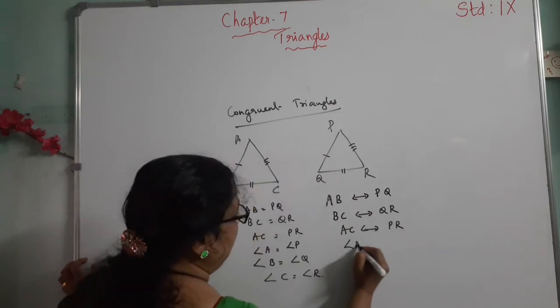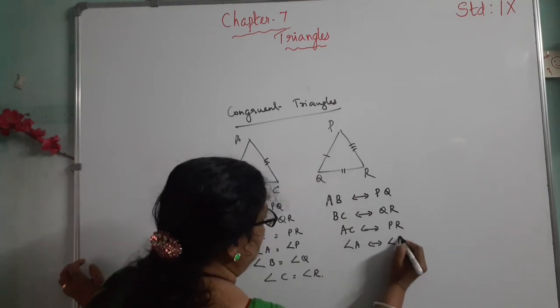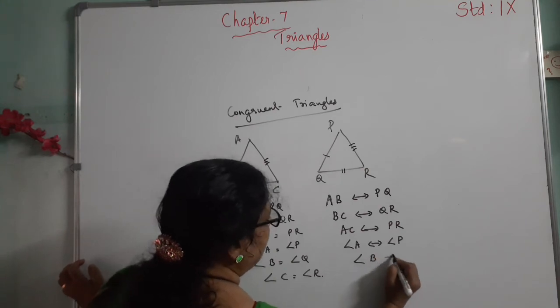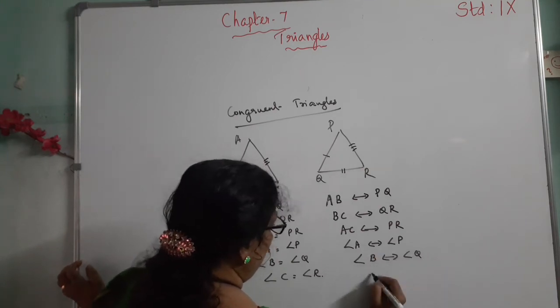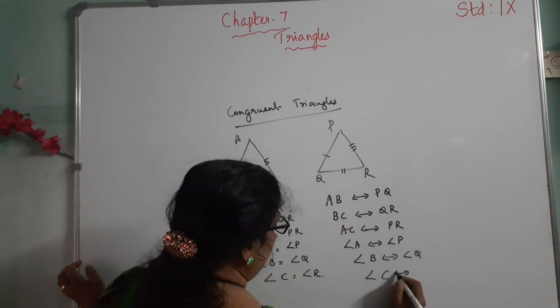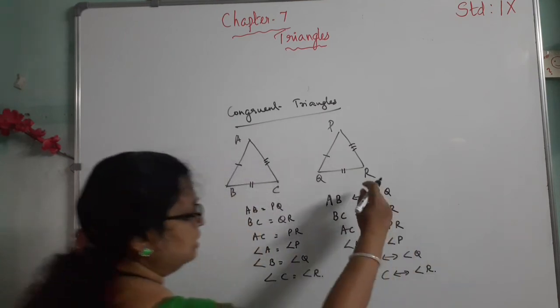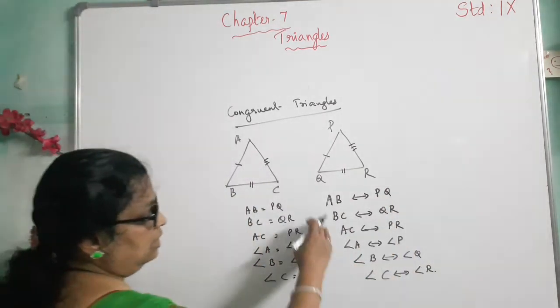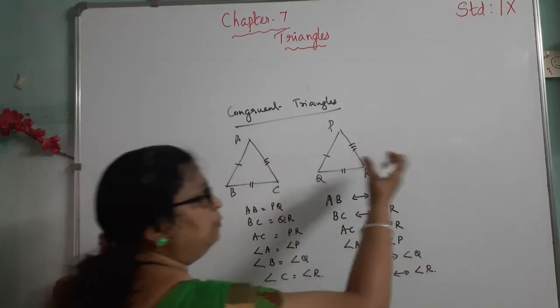Then angle A corresponds to angle P, angle B corresponds to angle Q, angle C corresponds to angle R. These six are the elements of correspondence, that is, corresponding parts are equal.